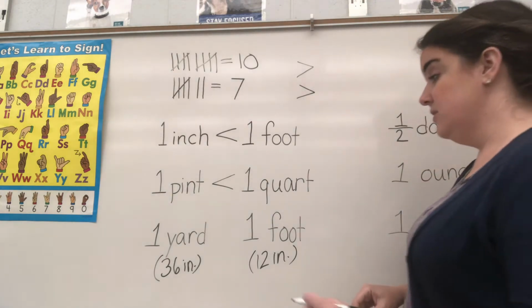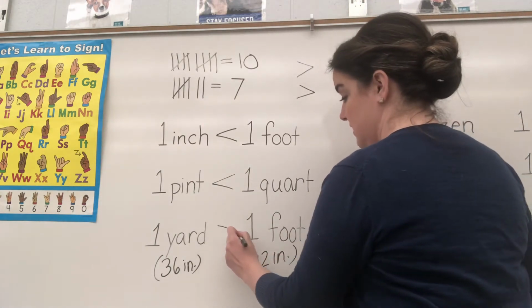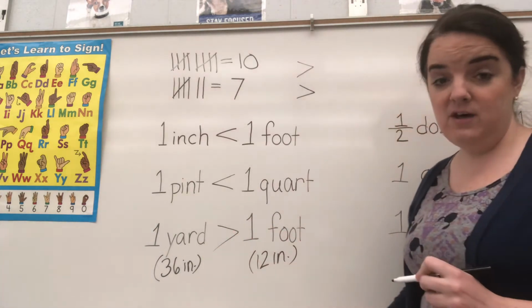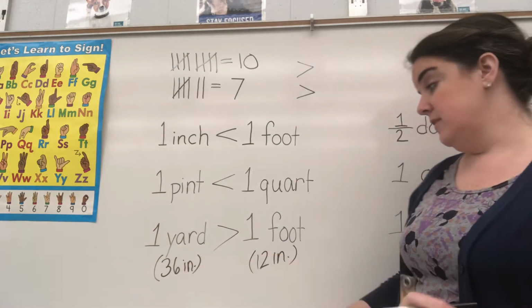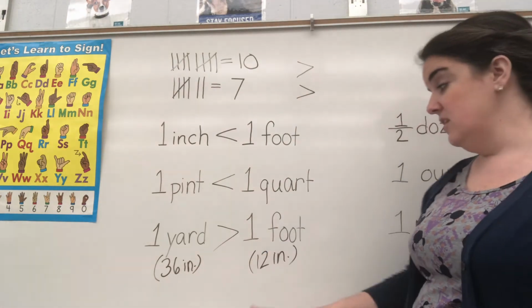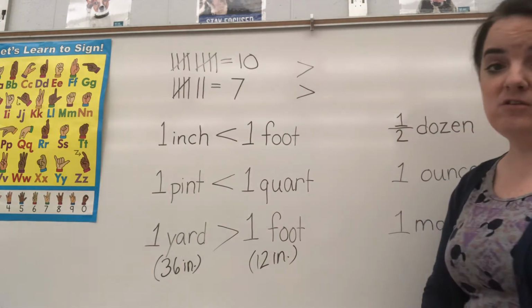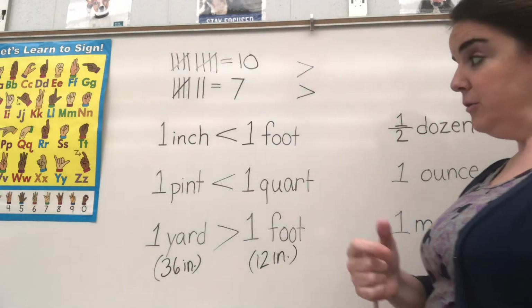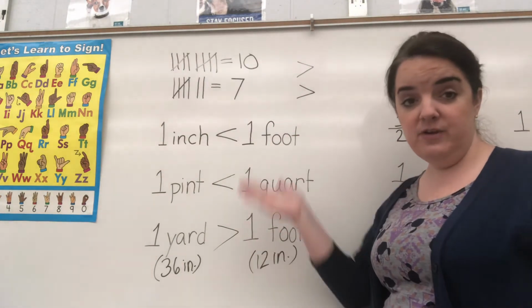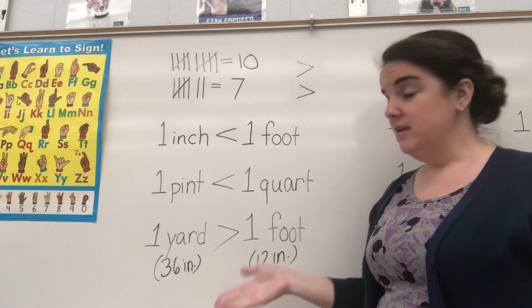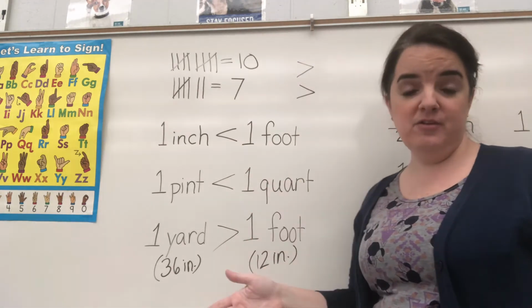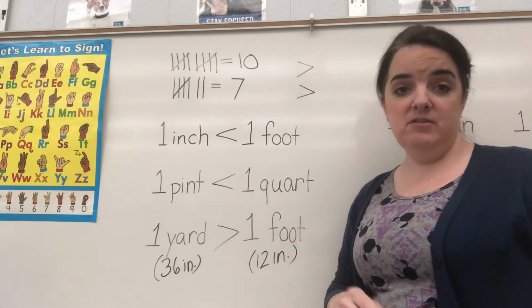The correct answer is 1 yard is greater than 1 foot, because it's more. This is 36 inches. This is only 12 inches, all right? So when you're doing stuff like this, you have to break it down to figure out what the measurements are or what the amount is, okay?